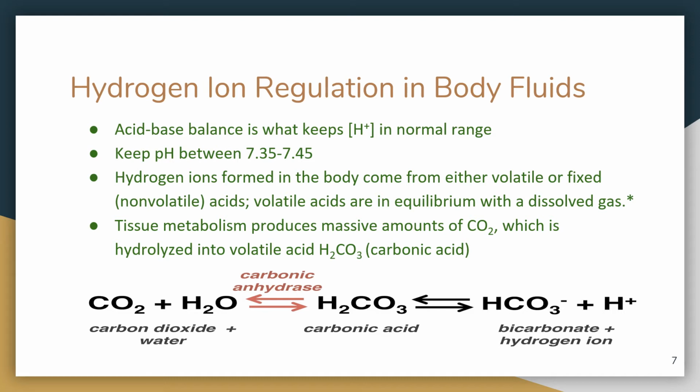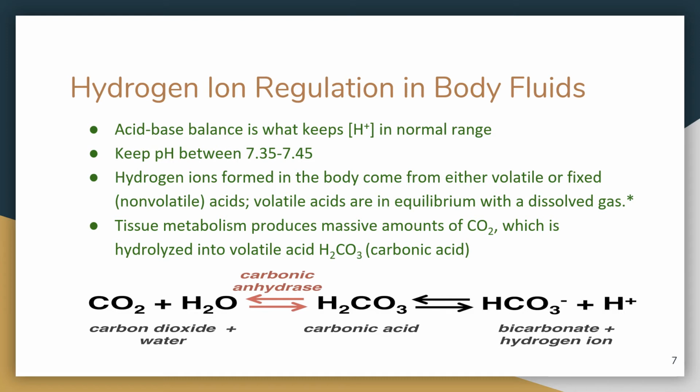This is happening during aerobic metabolism, which under normal circumstances generates approximately 13,000 millimoles of carbon dioxide each day, which produces an equal amount of hydrogen ions, shown by the equation. So know that this is your CO2 hydration reaction.